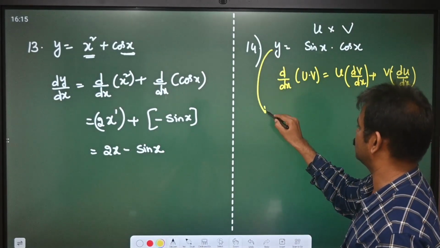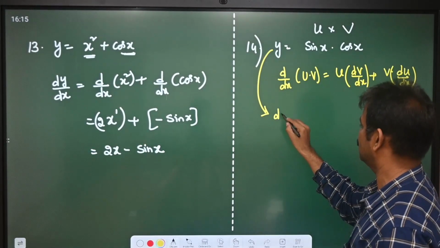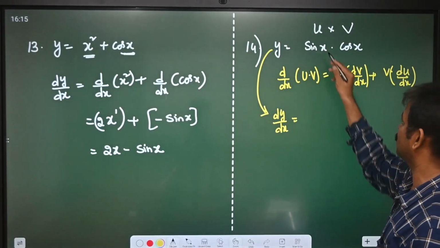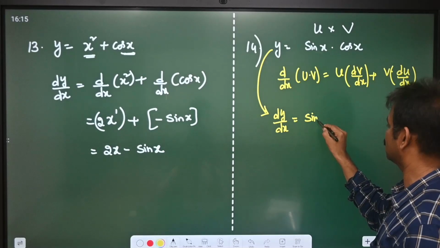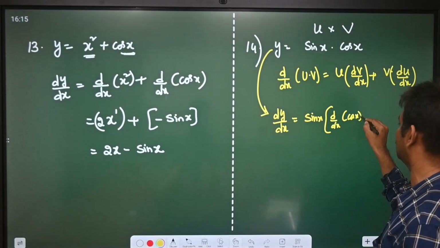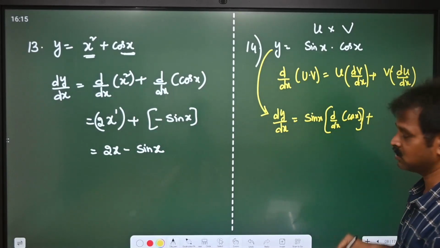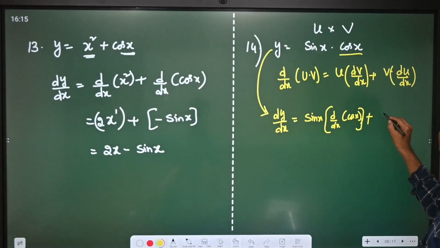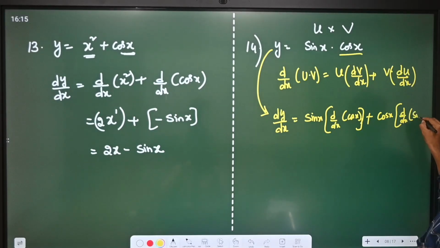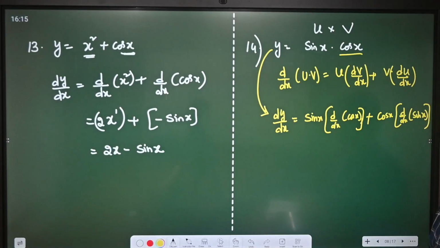So I am using this formula. I am writing dy by dx as, first u is sin x, d by dx of cos x, plus v is cos x, d by dx of sin x.